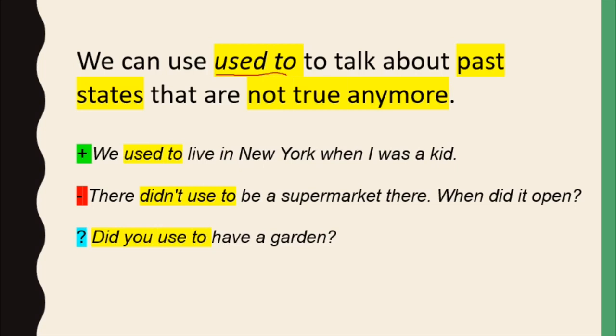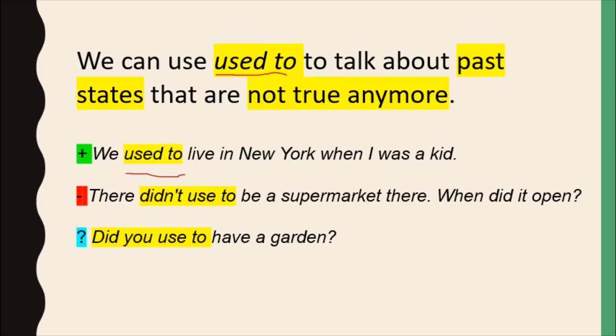For example, let's say you had a routine in the past or some event happened in the past, but that event, that situation is now over. So, for example, number one, we used to live in New York when I was a kid.